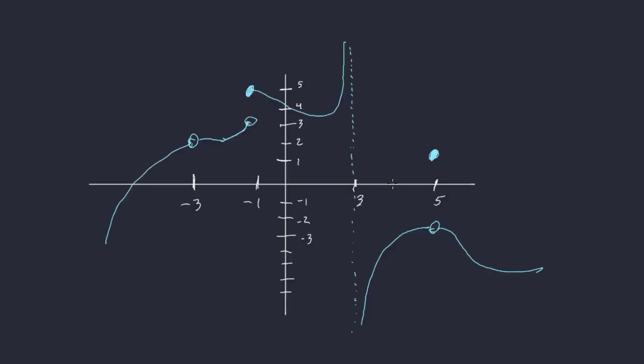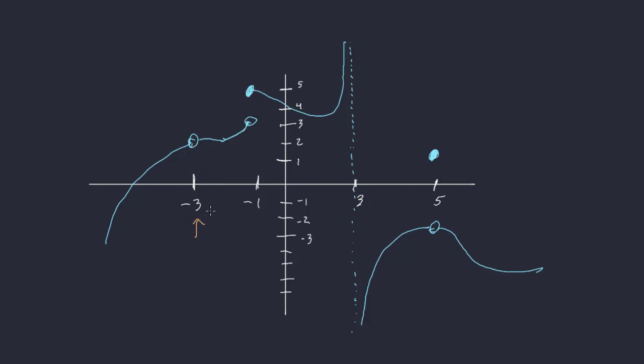Okay, so let's look at a graph here and talk about the different forms of discontinuities. We already talked about this before, but I want to give the limit description of why it's not continuous. So to start with, let's look here at -3.